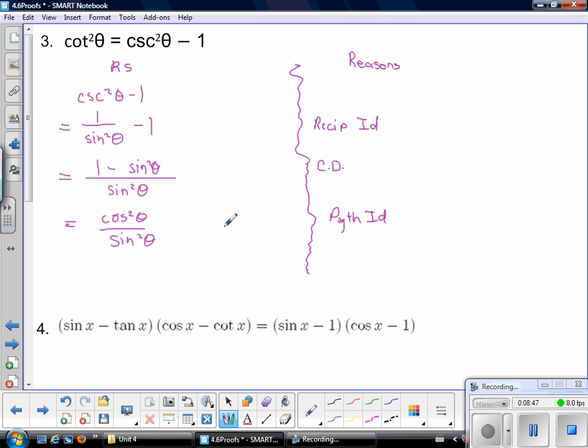Hopefully you can see, so this isn't part of the proof. Remember that I know that tan squared theta equals sine squared theta over cos squared theta. So this has been flipped around.